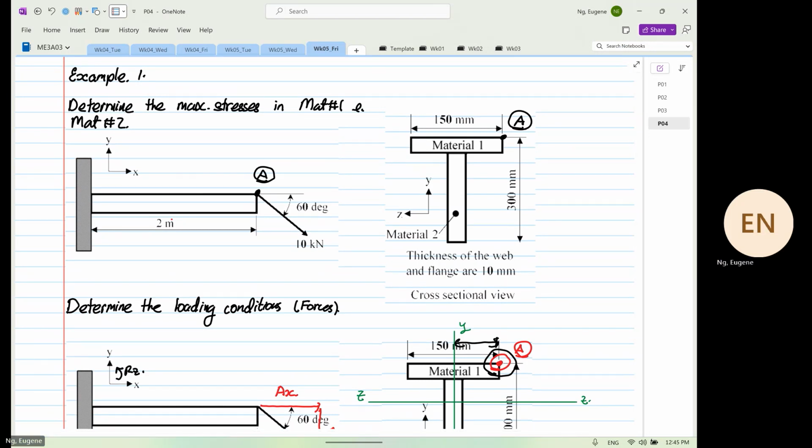Question for all of you, where will failure occur? Failure will occur there. Are we clear? Failure will occur at the end where you resist, when you don't allow motion.